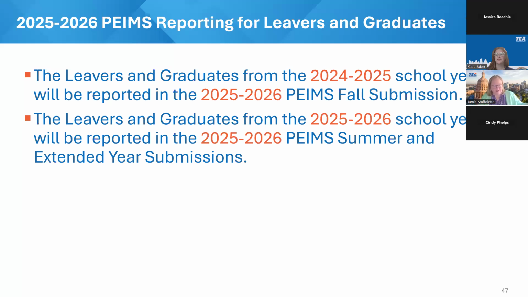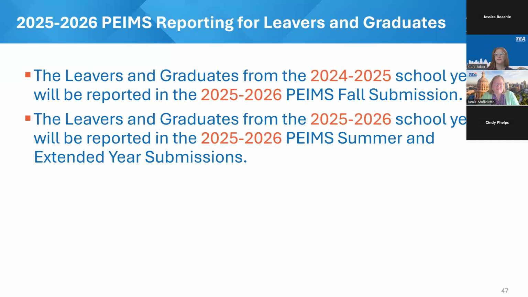All of those reports we talked about need to be run for this PEIMS fall submission. But this is the last time you're going to have to worry about PEIMS fall when it comes to your leavers and graduates, when it comes to their graduation types and pieces like that.